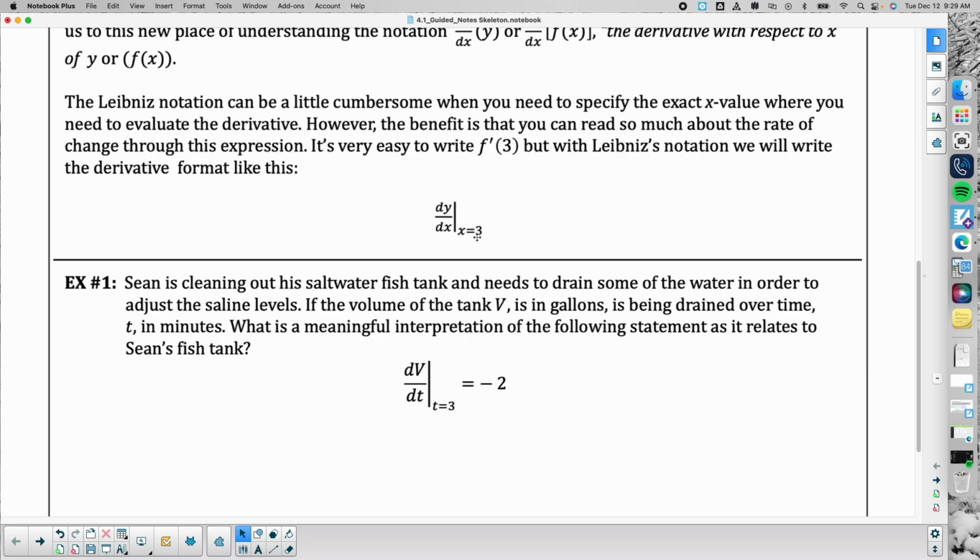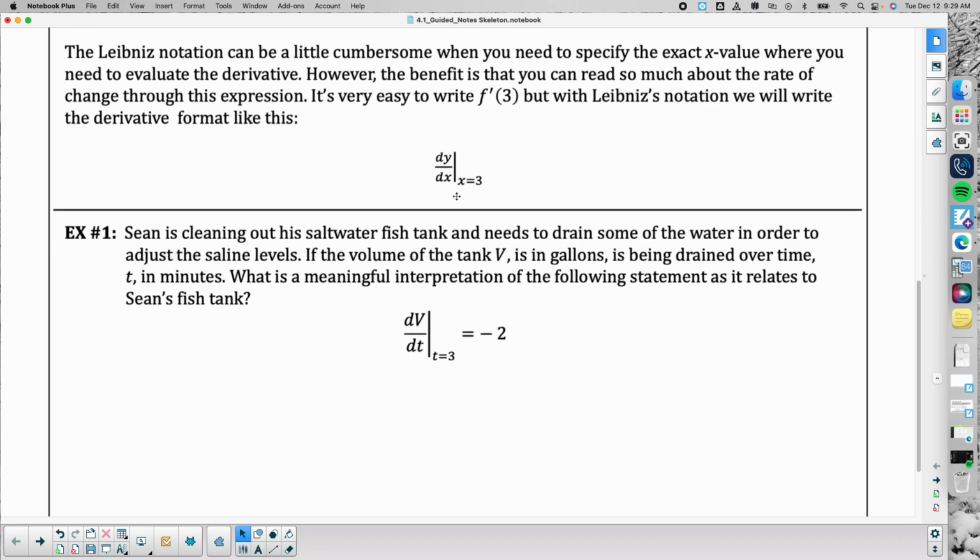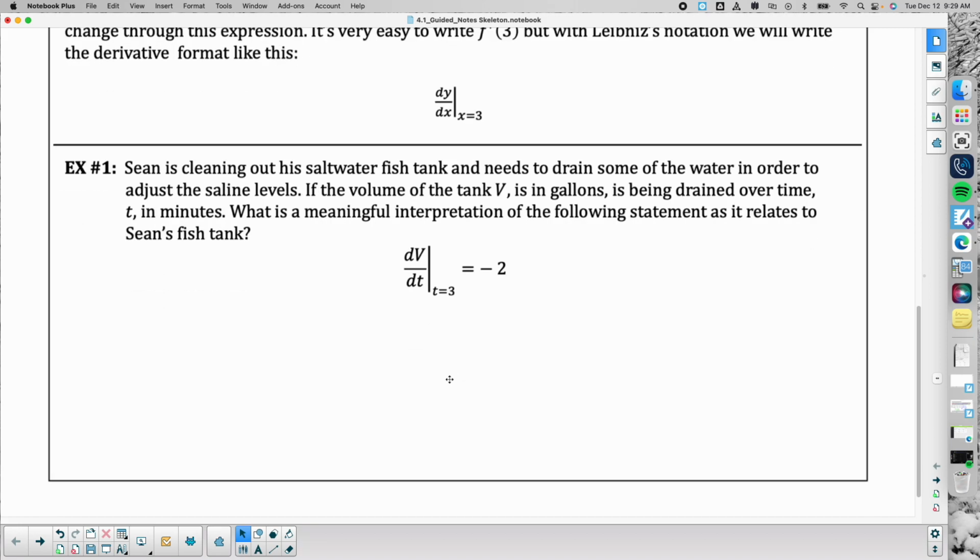That's going to be a common way of doing it, and going over this is because it's going to be written like that in some problems, so you would understand what's being said. So even before reading this sentence, this is saying dv dt at time equals 3. The answer is -2.